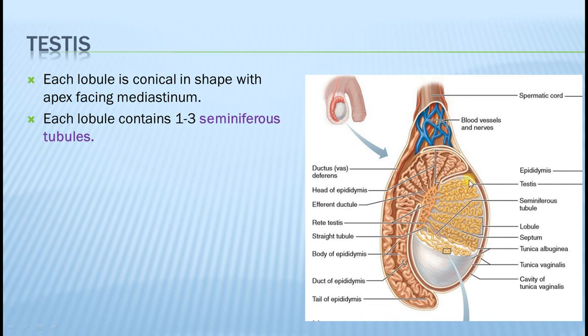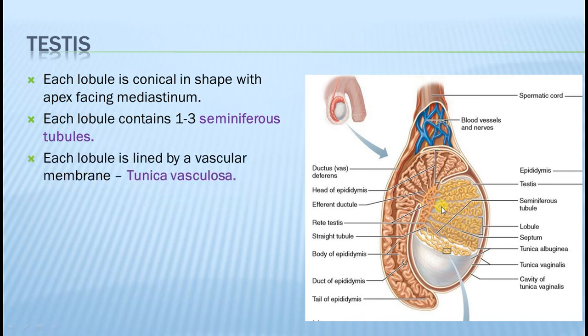So these highly coiled structures, you are able to see here, they are these seminiferous tubules. So each lobule has got 1 to 3 seminiferous tubules. So that means roughly each testis will have, if it is 200 lobules into 3, 600 seminiferous tubules.